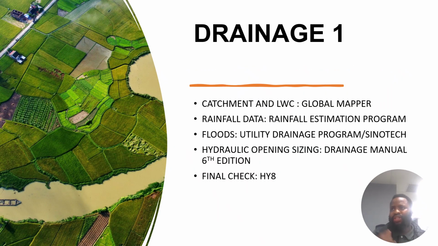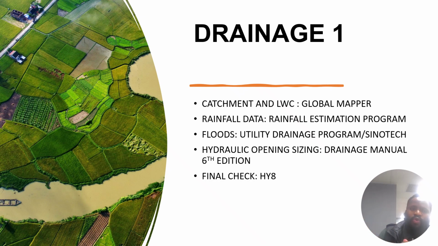And then in terms of drainage, the sequence is: you get your catchment area and your longest watercourse using Global Mapper, rainfall data using the Rainfall Estimation Program, and then you get your floods using the Utility Drainage Program, Sinotech.